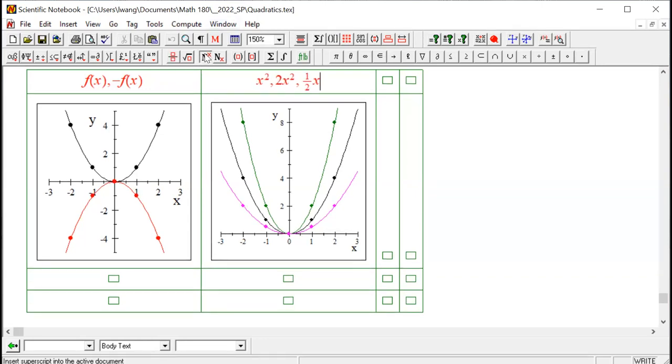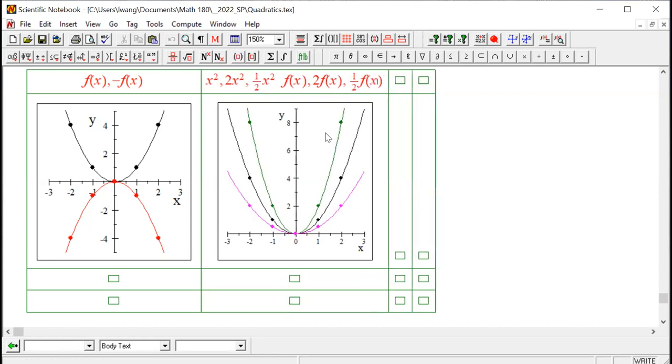In this case, it can be inferred for f of x, 2 times f of x, half of f of x. Those are the inference. In this case, of course, x squared, negative x squared, which is inferring to f of x, negative f of x.